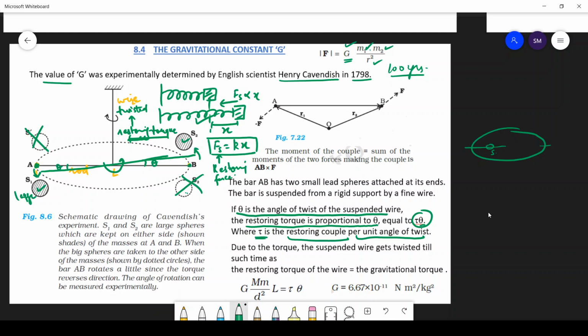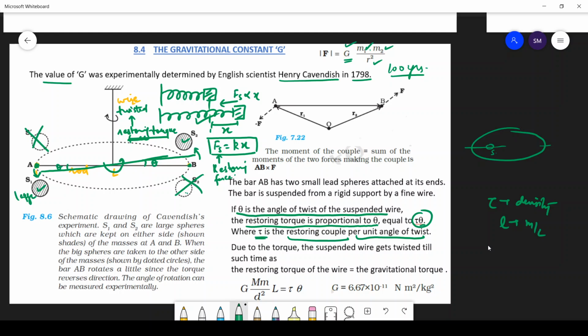Where do you use these kinds of things? This tau here is something like density, or something like mass per unit length, small l.